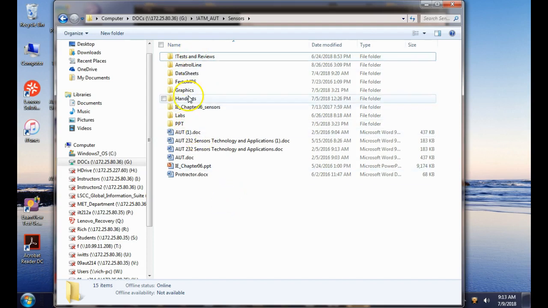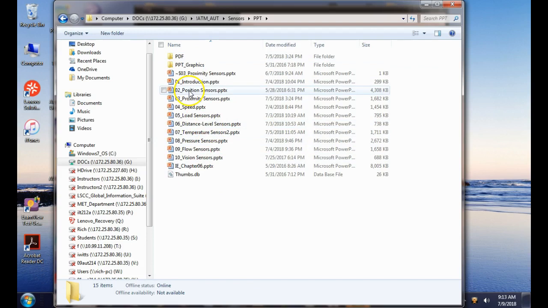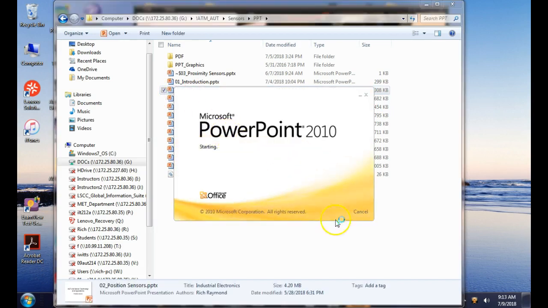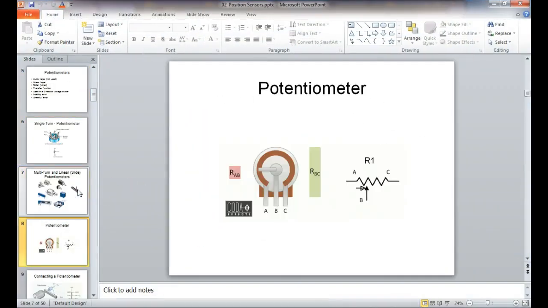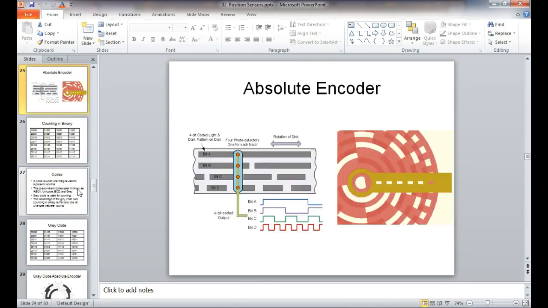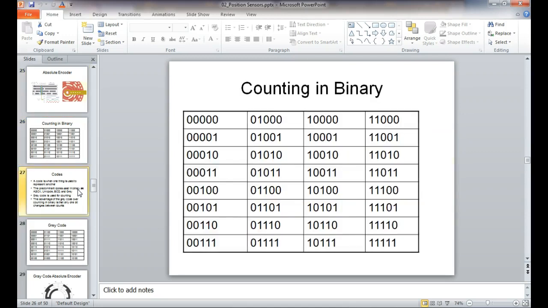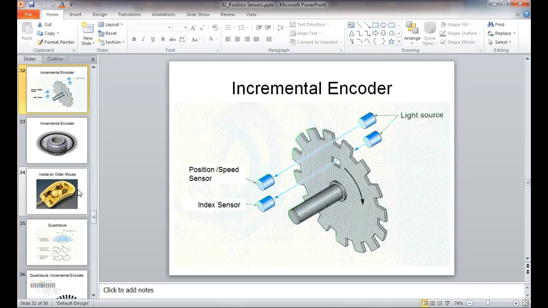We have what we call an incremental encoder, and then we have what we call a quadrature encoder, or one of them's called a single channel, and the other one's called a dual channel. That's an absolute encoder. We're not going to look at those. You'll get those. So this is basically what an incremental encoder does.